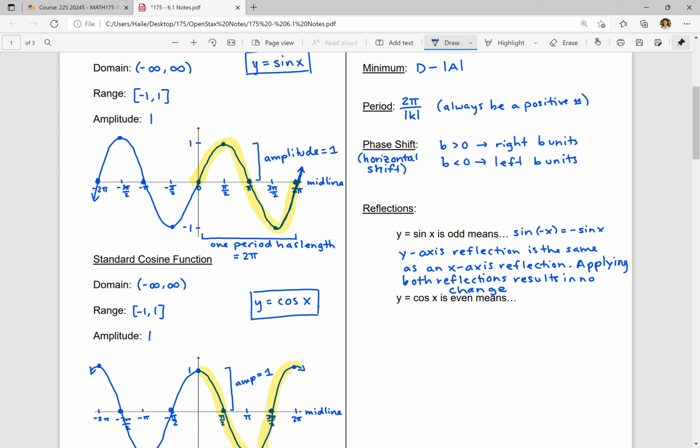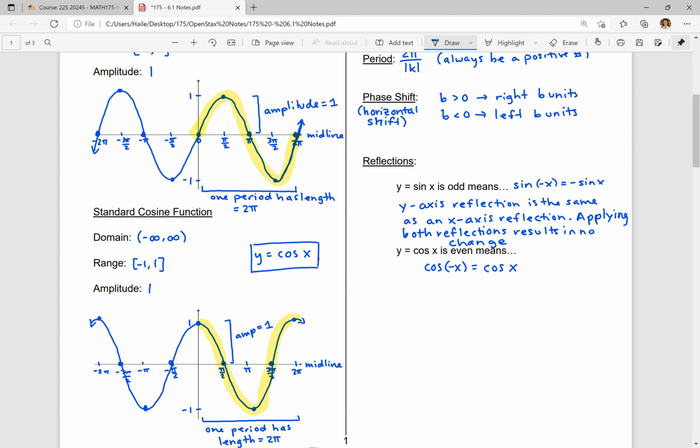The next thing we're going to discuss is what it means for cosine to be even. Once again, let's refresh our memory on what even functions are. Cosine is even means that cosine of negative x is equal to cosine of x. Now let's think again about what this means in terms of reflections. When we put the negative inside of the function, that's a reflection over the y-axis.